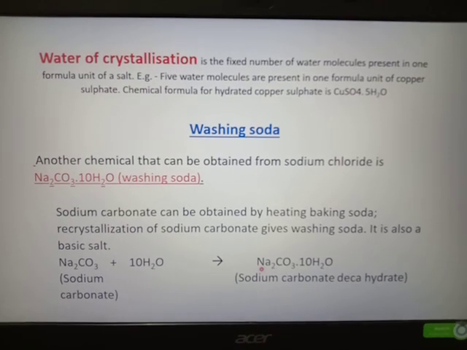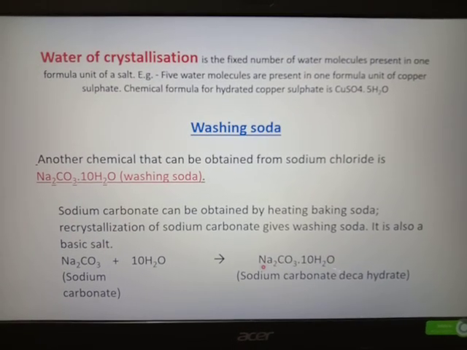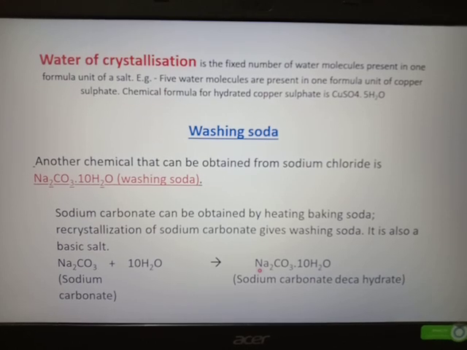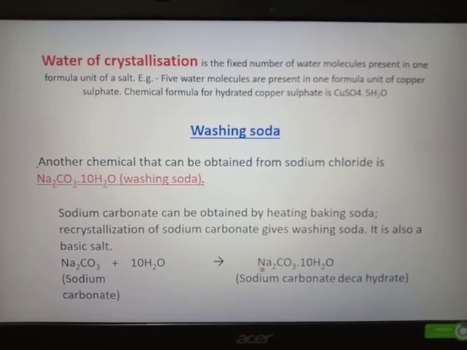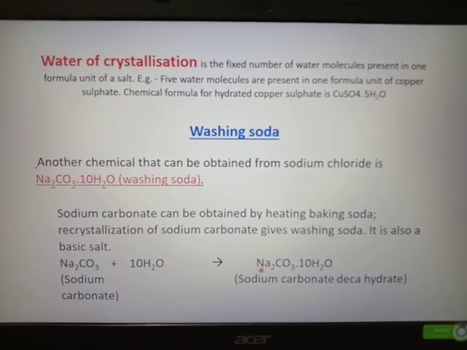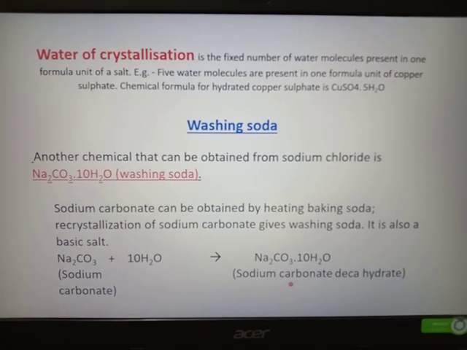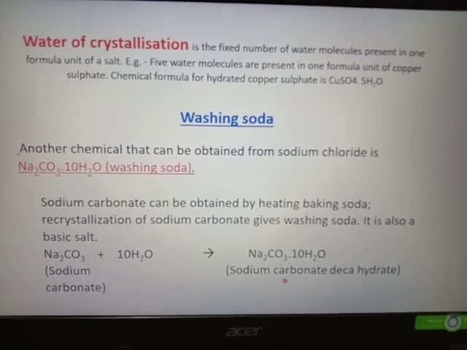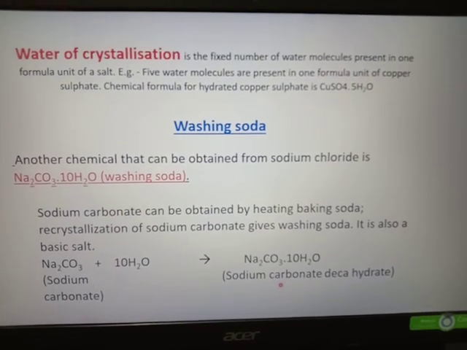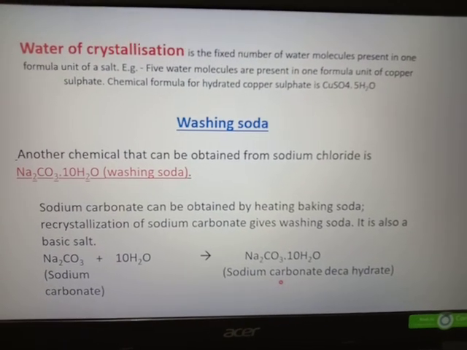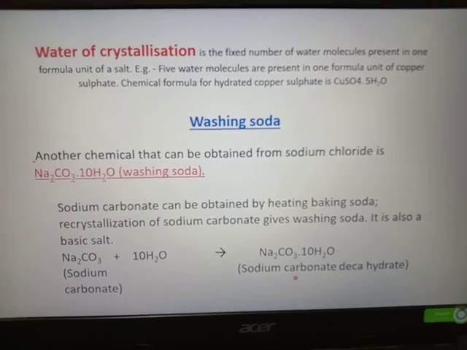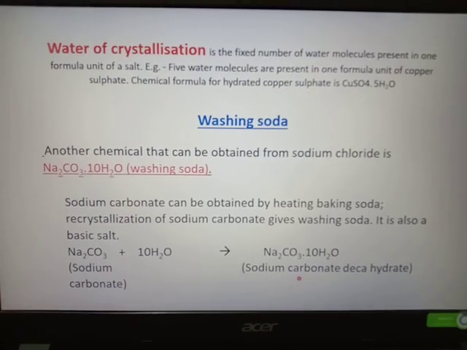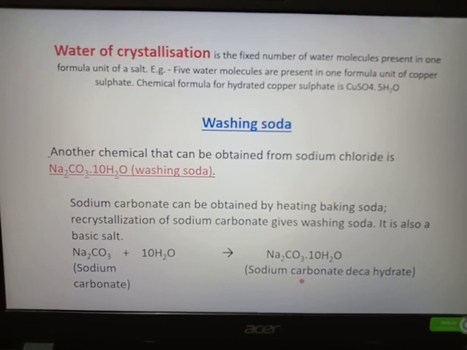Children, sodium carbonate decahydrate, as its name is saying, is used as a cleansing agent for domestic purposes like washing clothes. A very important use of sodium carbonate or washing soda is to remove permanent hardness of water.